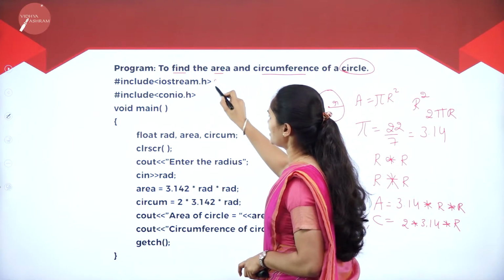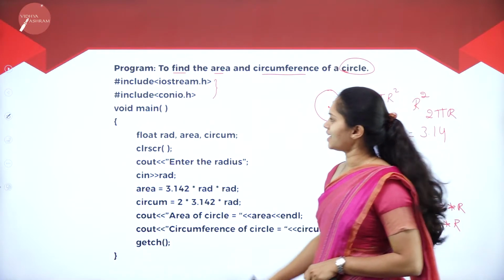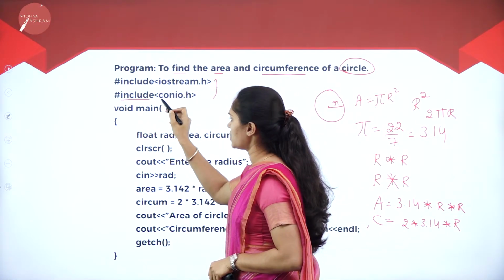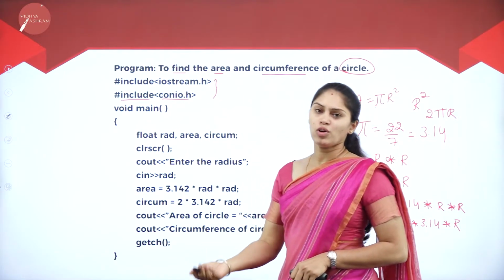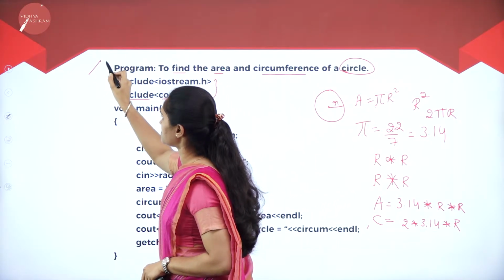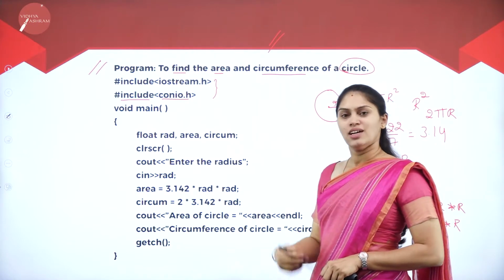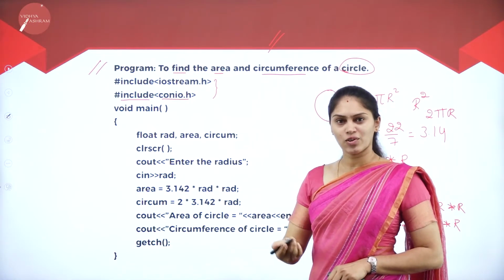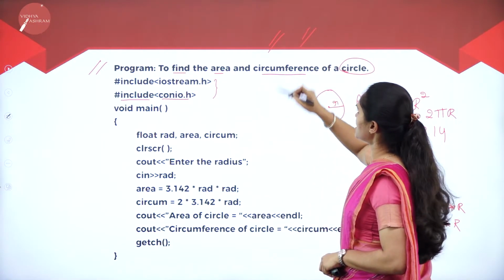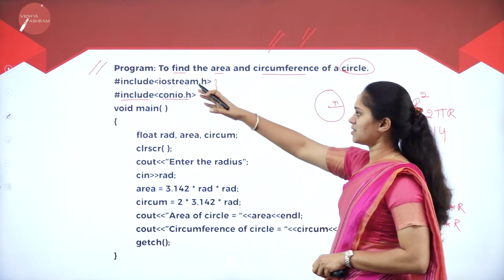Here, without thinking anything, you have to include 2 header files: #include iostream.h, and also #include conio.h. Let me make a comment first. Why am I taking the double slash? Already we know about comments. In C++ we use // to represent a comment.